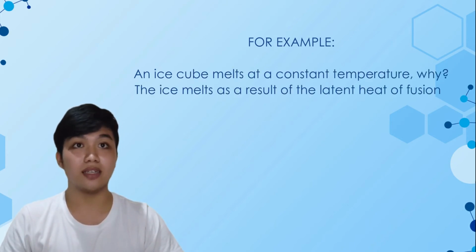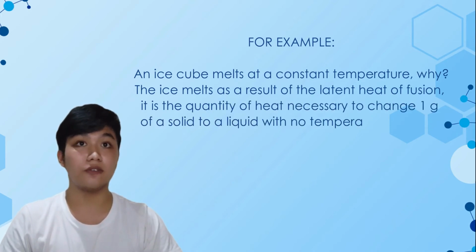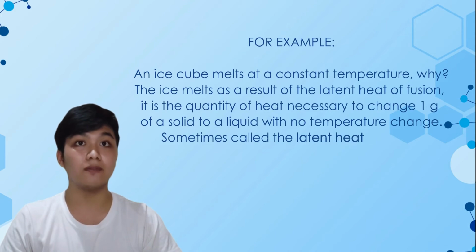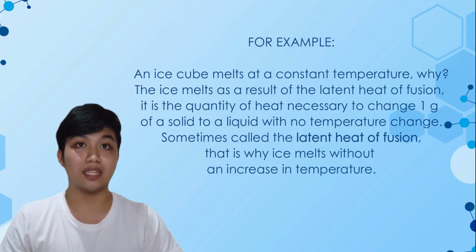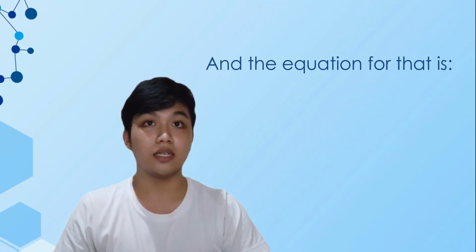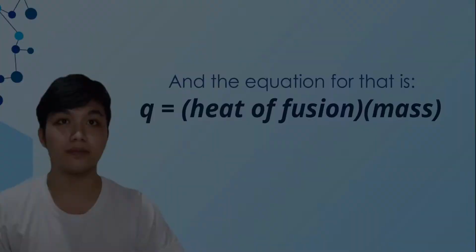The ice melts as a result of the latent heat of fusion. It is the quantity of heat necessary to change 1 gram of solid to a liquid with no temperature change. That is why ice melts without an increase in temperature. And the equation for that is Q equals heat of fusion times the mass of the object.